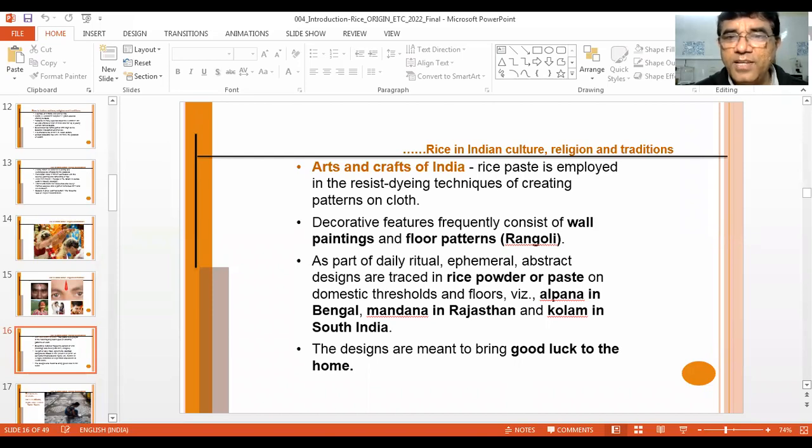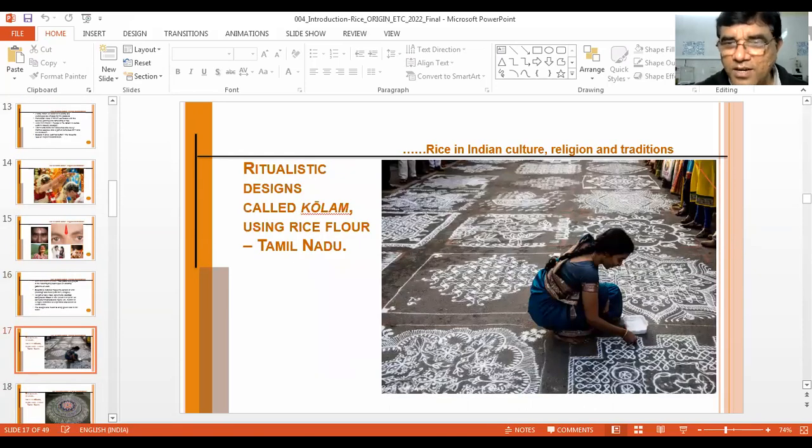As a part of daily ritual, ephemeral abstract designs are made with rice powder paste on domestic thresholds and floors, and some arts are famous like Alpana in Bengal, Mandana in Rajasthan, and Kolam in South India. Designs are meant to bring good luck to the home. So this is also a use of rice. You can see such kinds of ritualistic designs in Tamil Nadu using rice flour.